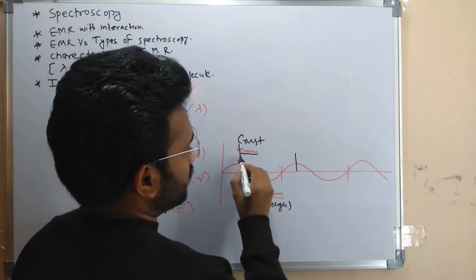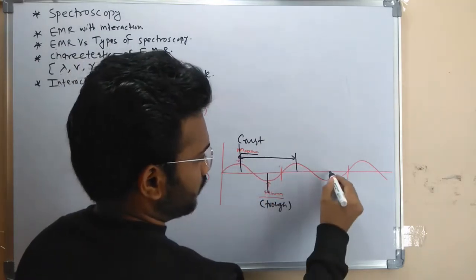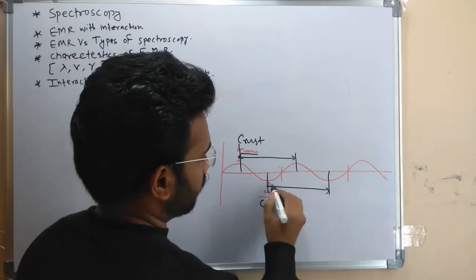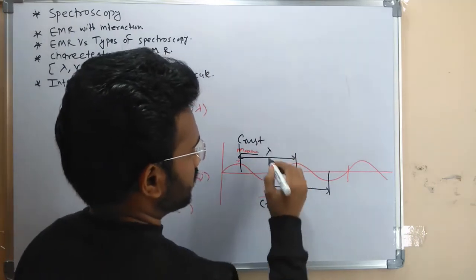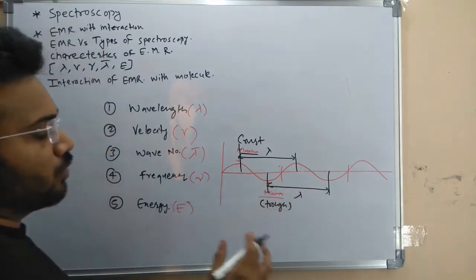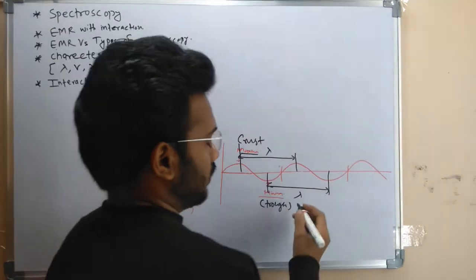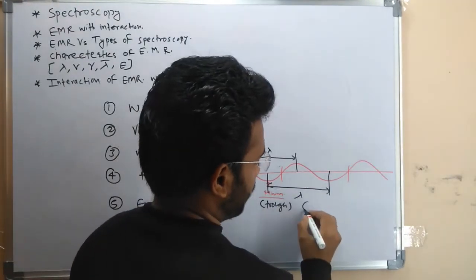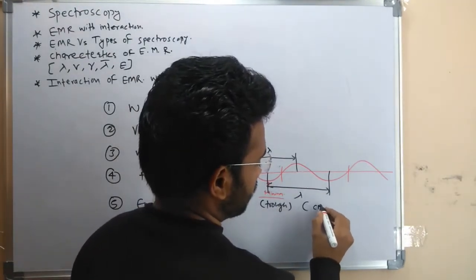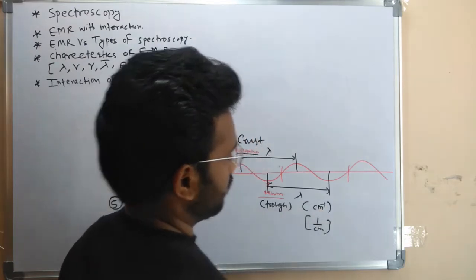Wavelength means the distance between two maxima or the distance between two minima. And the unit of wavelength is centimeter.